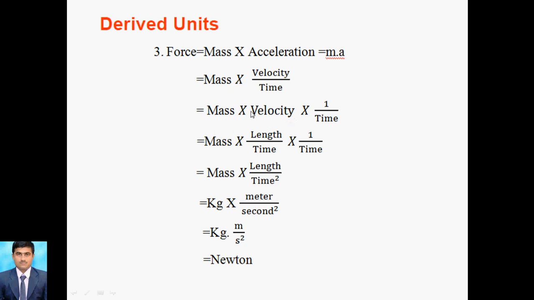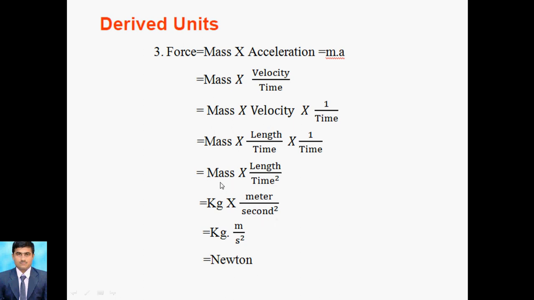Velocity is nothing but length upon time, into 1 upon time, so the equation becomes mass into length upon time square. Is it clear? Mass is in terms of kg, length in terms of meter, and time square, so second square.